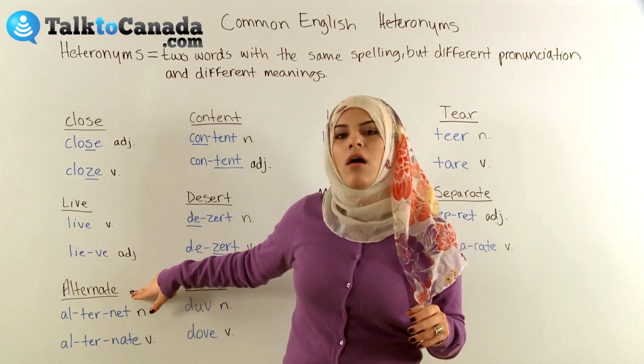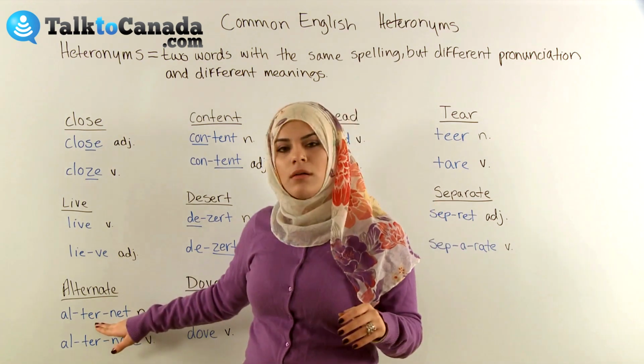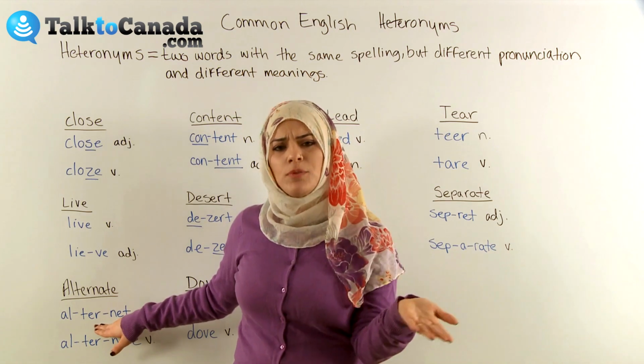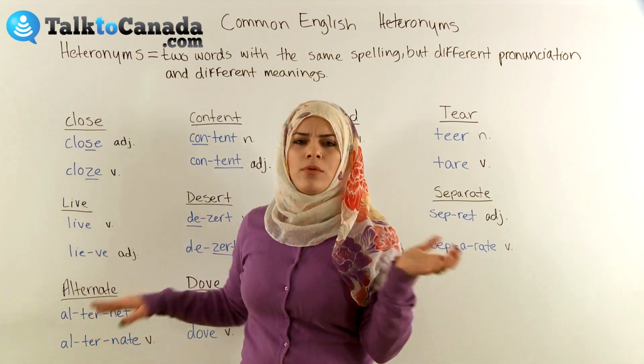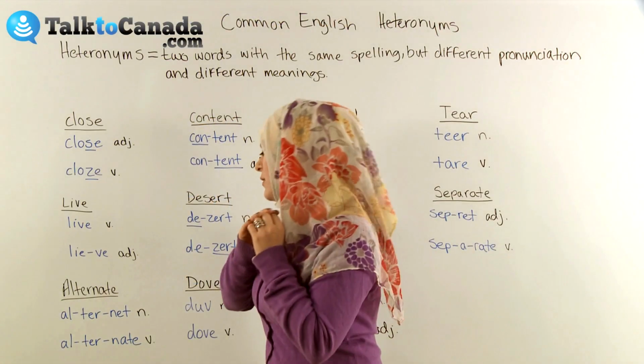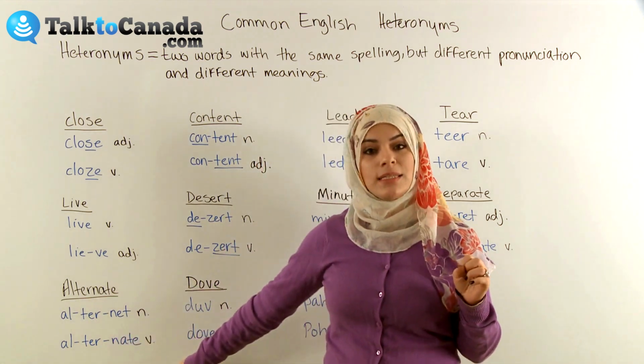Next, alternate or alternate. The first one, alternate, is a noun and it means a different option. So, for example, we have an alternate plan if this one doesn't work. Okay, alternate, noun. Next one, alternate.